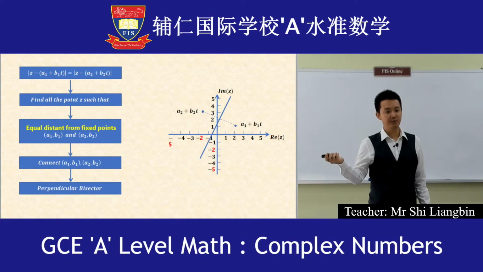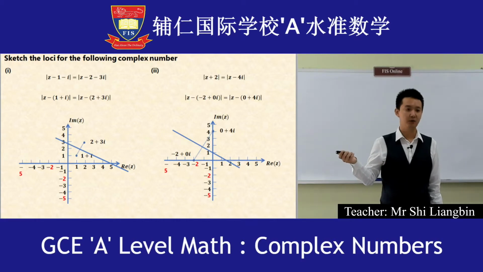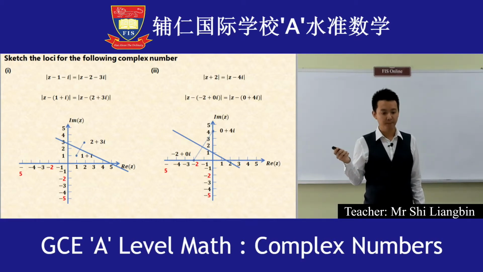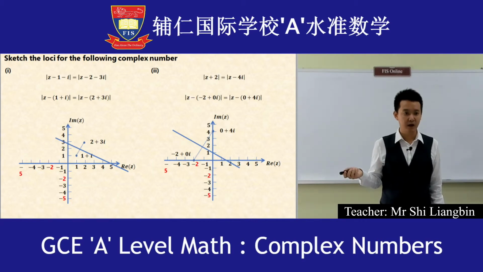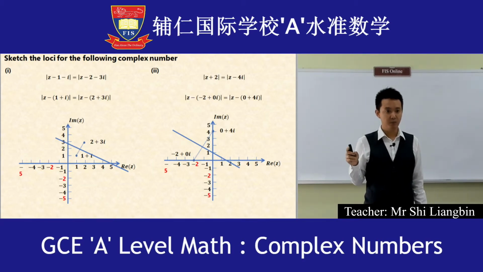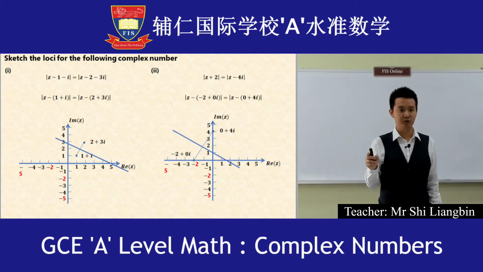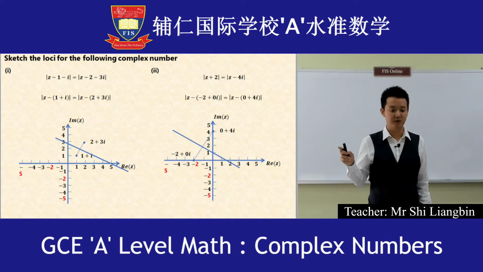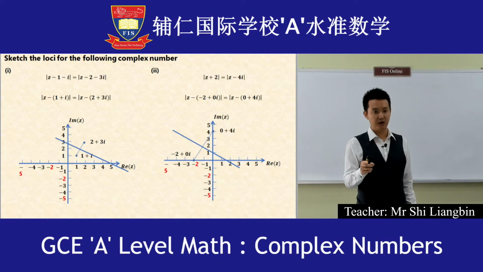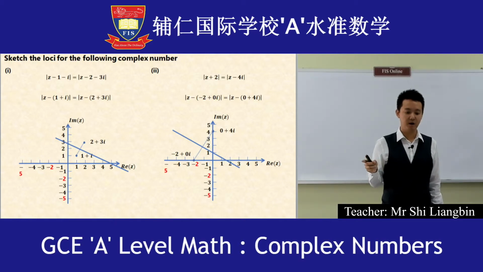You should be able to see from the examples here. First of all, modulus of z minus 1 minus i is equal to modulus of z minus 2 minus 3i. Of course, remember that we need to convert it into our standard formula before we can draw the null site. So first we need to make it z minus (a plus bi). For the first part, we change it into z minus (1 plus i). And for the second part, we convert it into z minus (2 plus 3i).